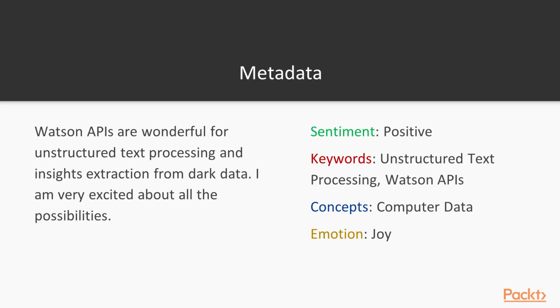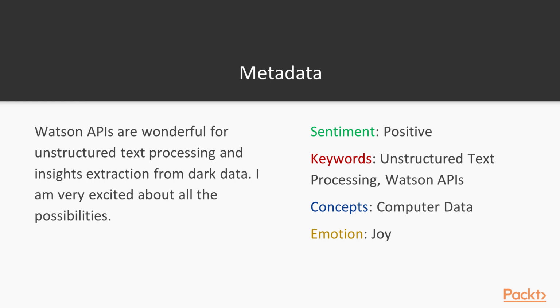So for example, in this sentence, "Watson APIs are wonderful for unstructured text processing," and so on, we have this kind of metadata. We will see that the sentiment is positive because I am saying that I am very excited about all the possibilities that we can do with the Watson APIs. It will find these two keywords, unstructured text processing and Watson APIs.